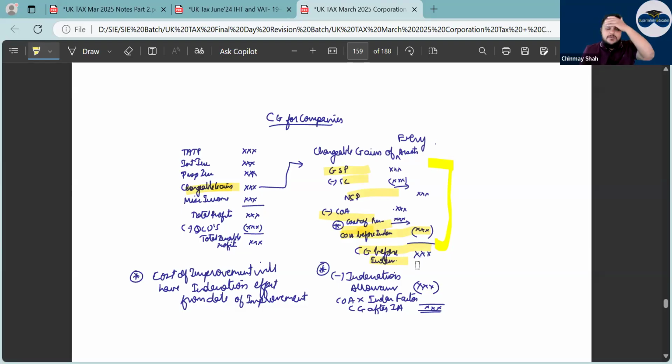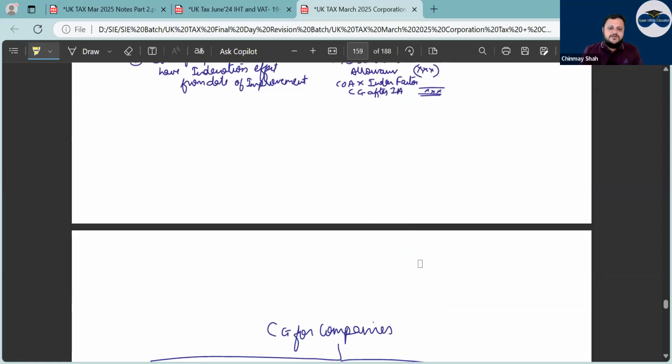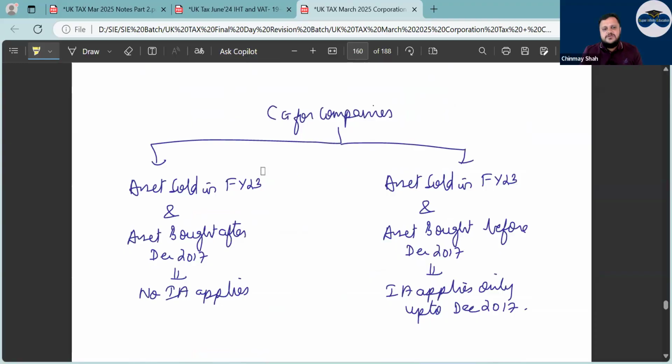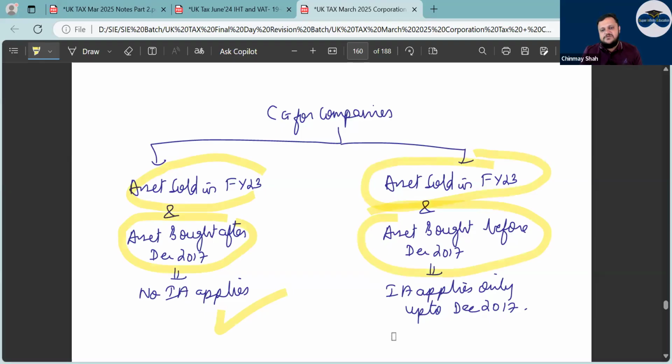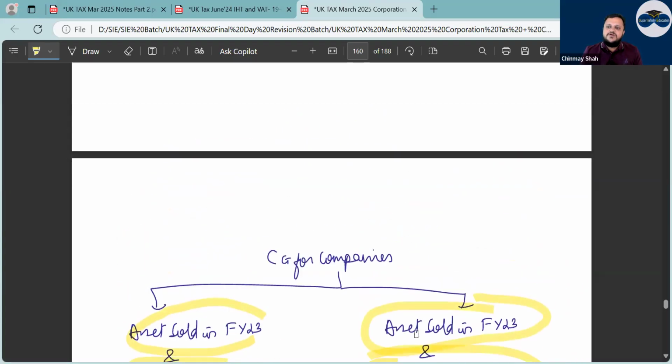After 2017, if you have bought any asset, no indexation will come. Asset sold in FY23 but bought after December 2017, no indexation allowance. But asset sold in FY23, asset bought before December 2017, IA applies up to December 2017.